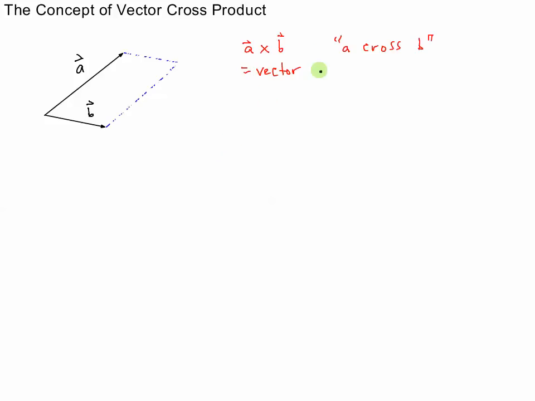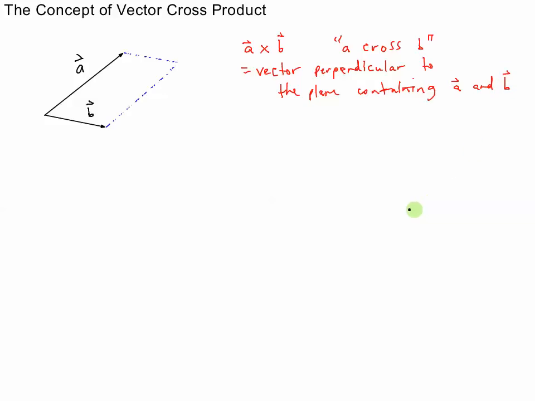The first thing is it's a vector, but it's also a vector that is perpendicular to the plane, the board containing vector A and vector B.